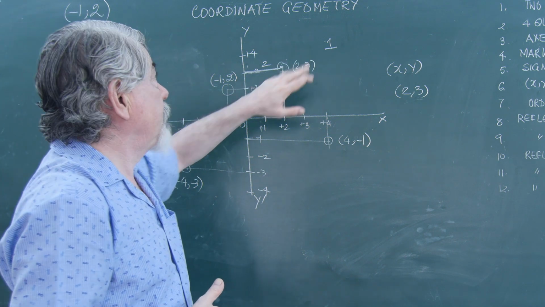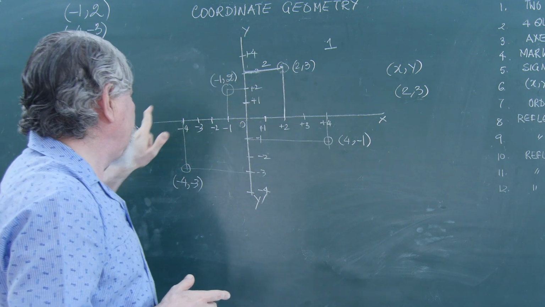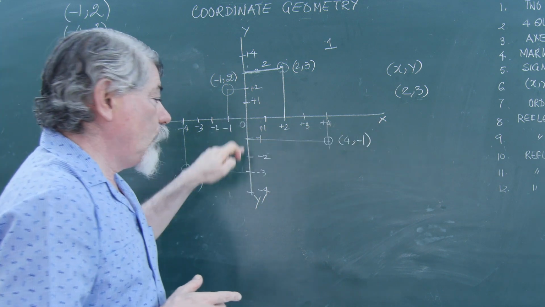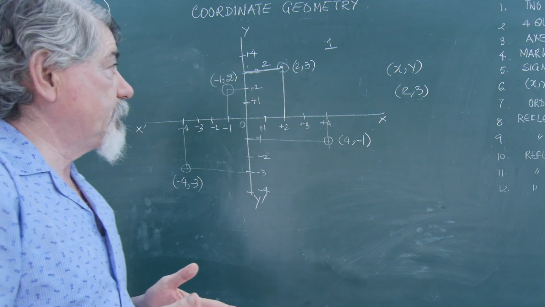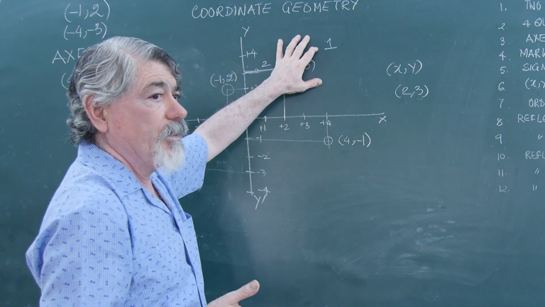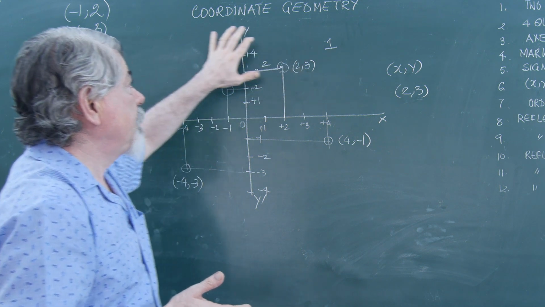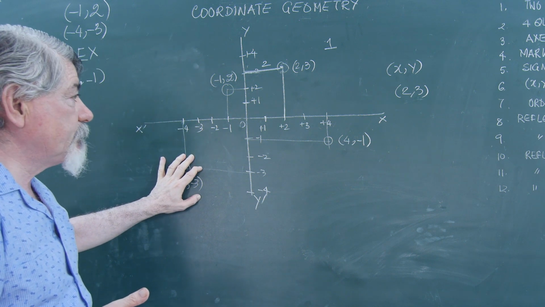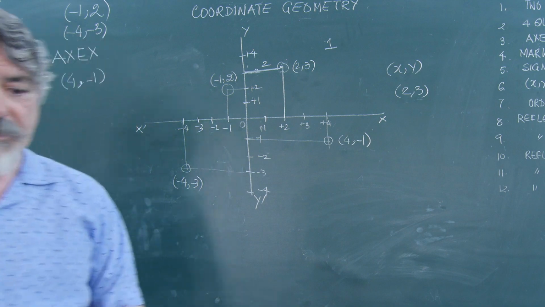The 4 quadrants are XOY, X'OY, X'OY', XOY'. Then the system of allotted signs: in this quadrant I have plus plus, in this quadrant minus plus, here minus minus, here plus minus.